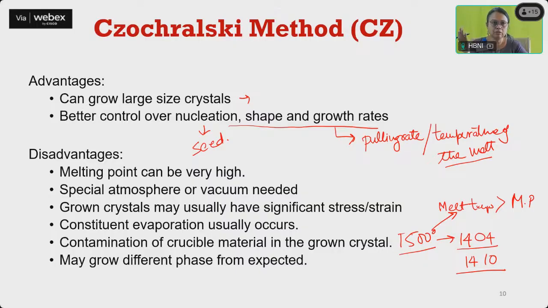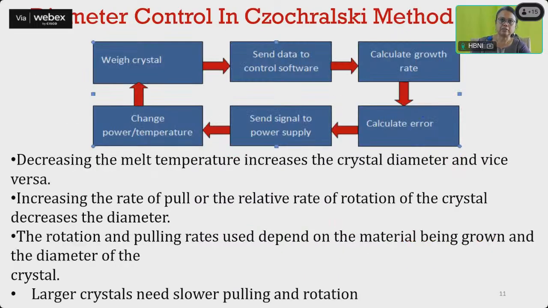There will be thermal stresses inside, and there can be constituent evaporation, where some material can evaporate. We will be seeing this in the case of gallium arsenide, so I will be coming to that. And then we have contamination coming from the crucible, because we are holding the melt in the crucible at very high temperature. So these are all the disadvantages.